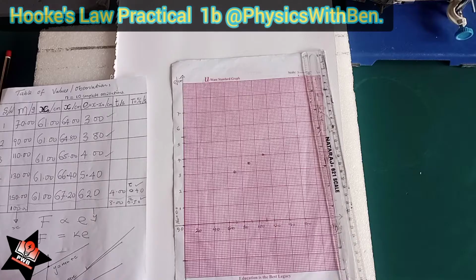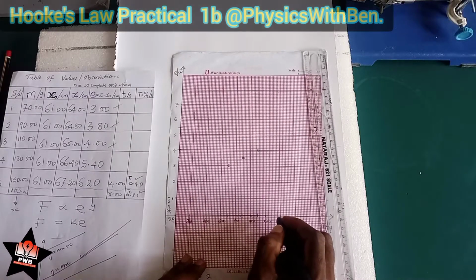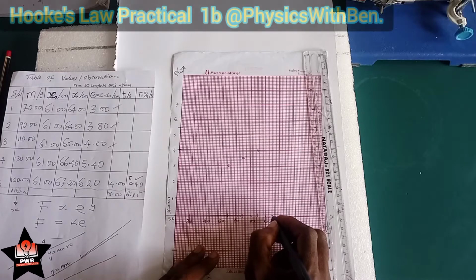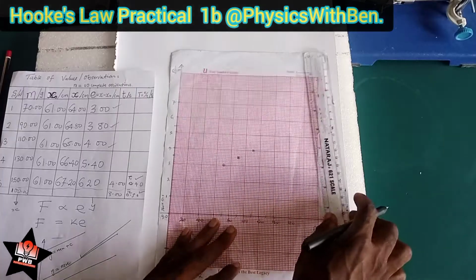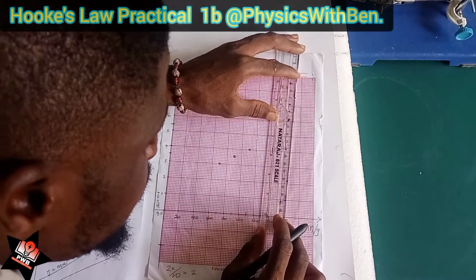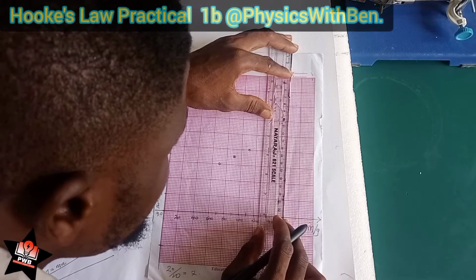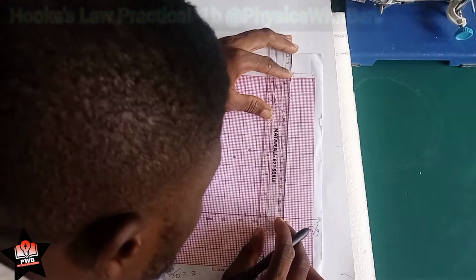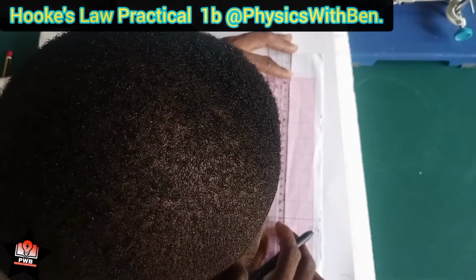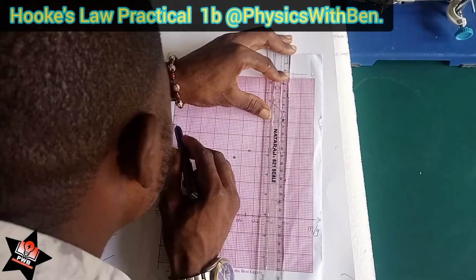So this point is 5.4 against 130. 130 is half of 120. So this is 1, 2, 3, 4, 5. This is 130. So you trace this point, then back to this point.